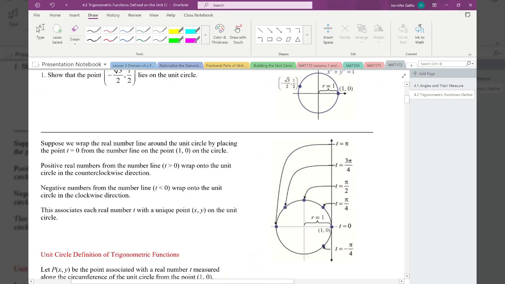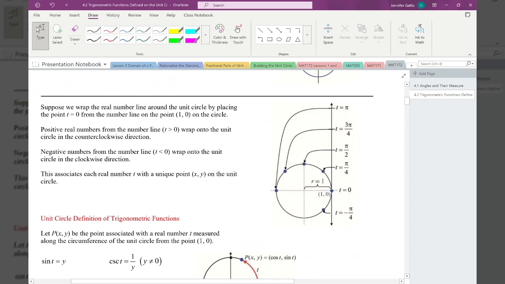So when we're considering the placement of points along the unit circle, as we move in a counterclockwise direction, our t values are positive.